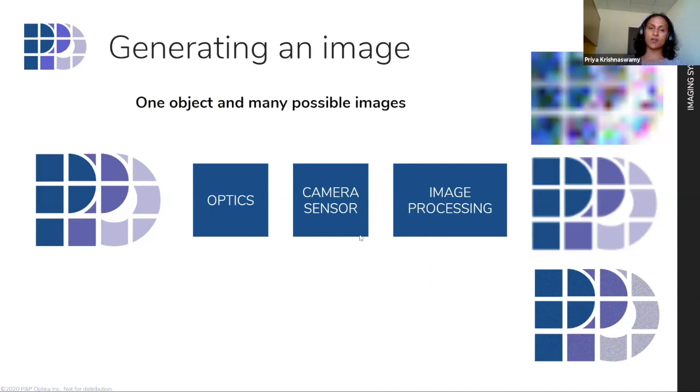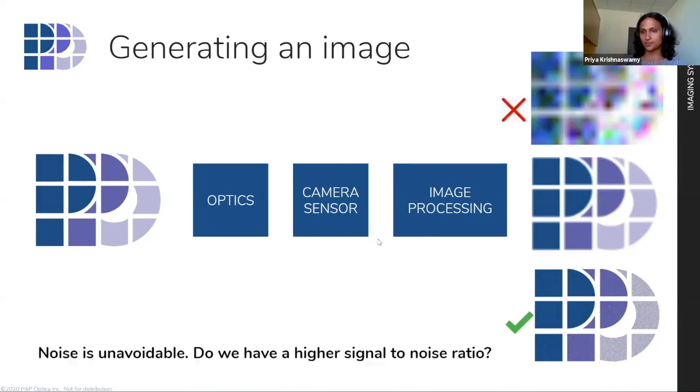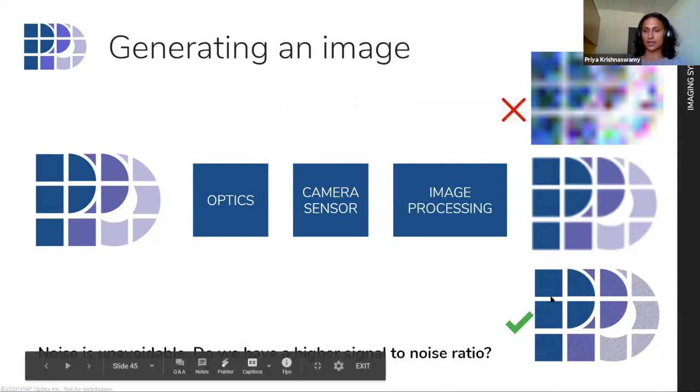So if we have a problem with one of them, we are going to have this issue coming up. So noise is unavoidable. You can see in the last image here, the logo is clear, but there is a lot of noise. And I have said yes to this image because noise at large is unavoidable. The question is, can it be calibrated out?